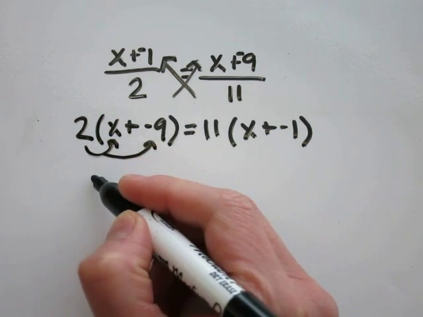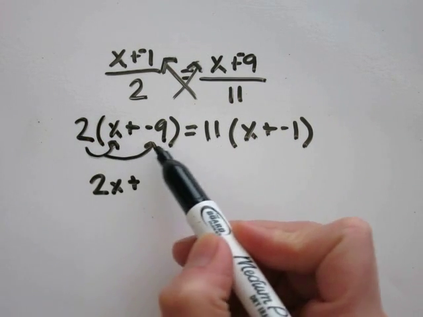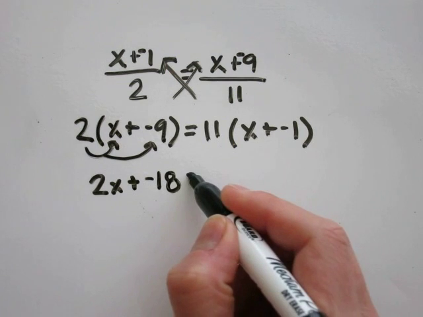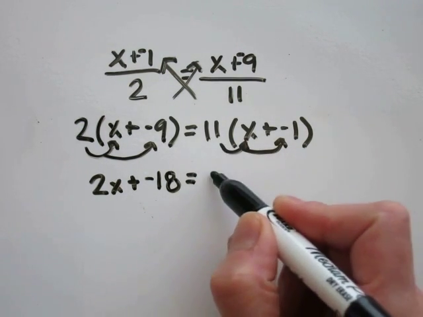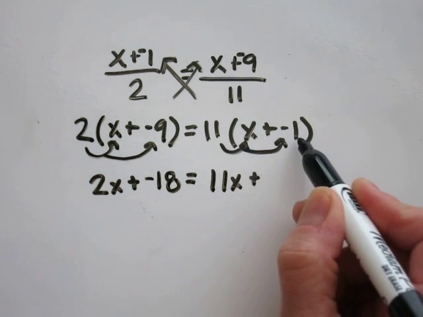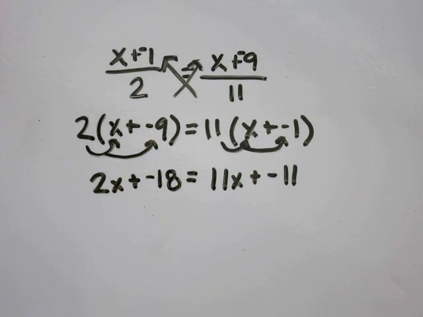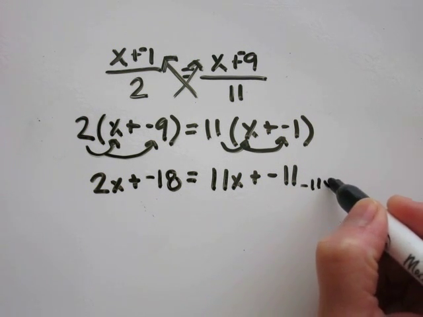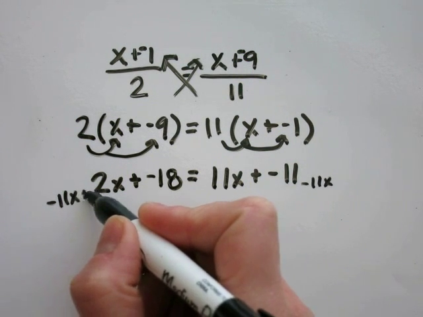Distribute. 2 times x is 2x. 2 times negative 9 is negative 18. Distribute on this side. 11 times x is 11x. 11 times negative 1 is negative 11. I want my x's on the same side of the equation, so I'm going to subtract 11x from each side.